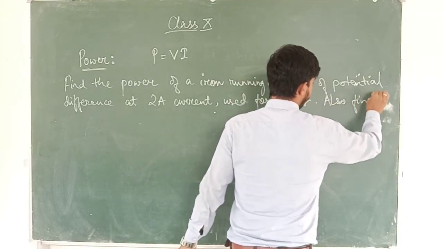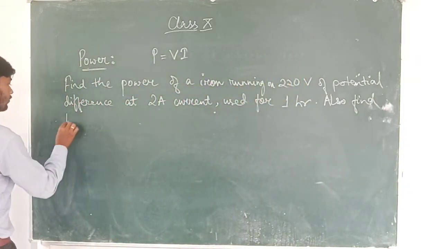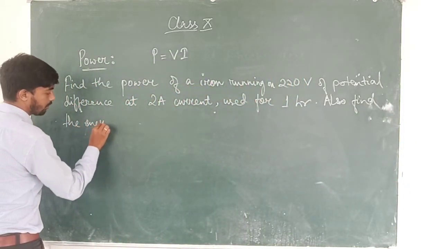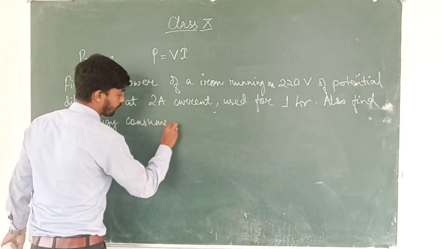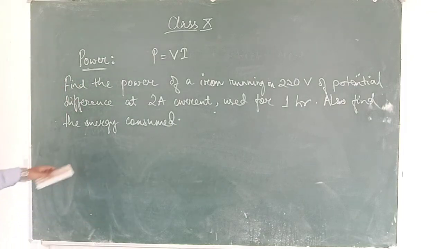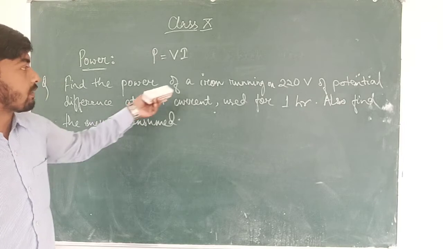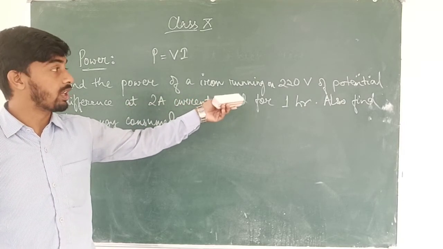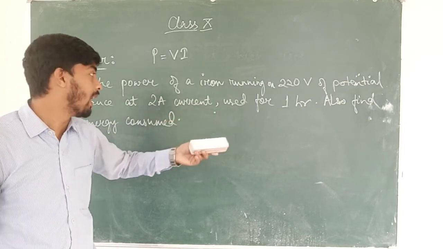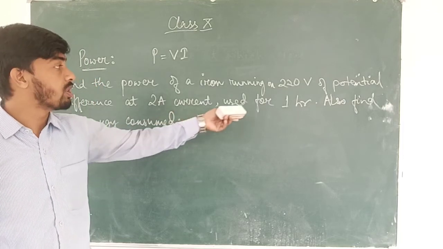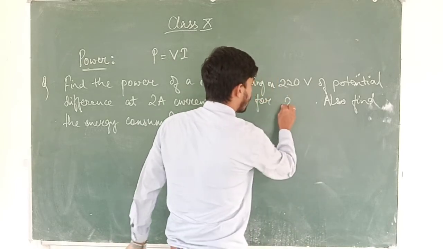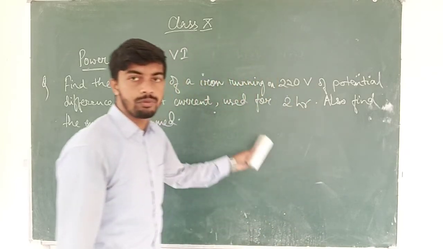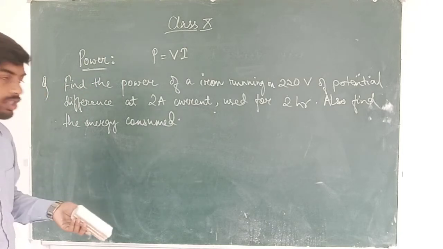Also find the energy consumed. So I have given a question that there is an electric iron running on a 220 volt potential difference supply with 2 ampere of current, which is used for 1 hour, or we can change the time to 2 hours. We also find the energy consumed.